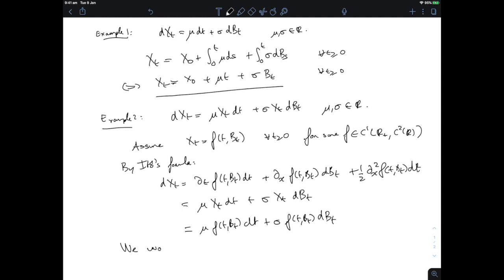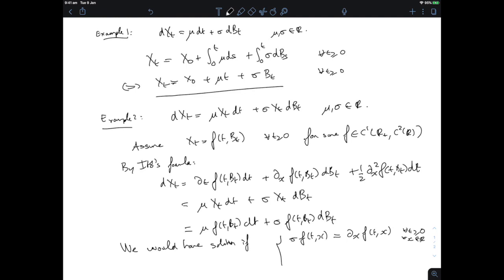We would have a solution if f were to satisfy the following two partial differential equations. So first of all, I would want sigma f(t, x) to be equal to d_x f(t, x). That's for all t and for all x.